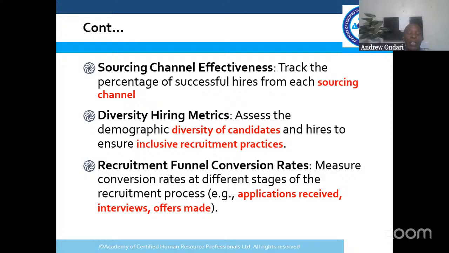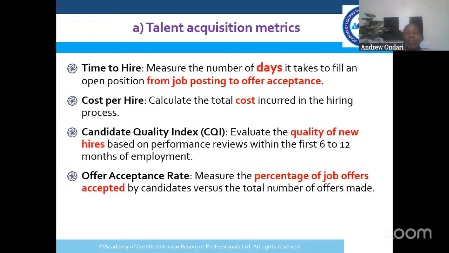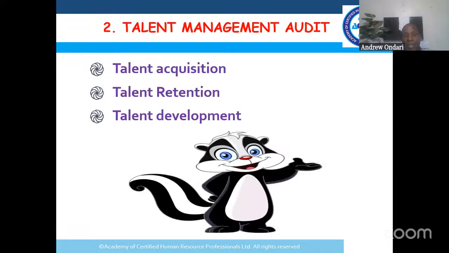So that is the first aspect on talent management, which is talent acquisition. And again, I want to open it to us for any questions that you may have in terms of talent acquisition.